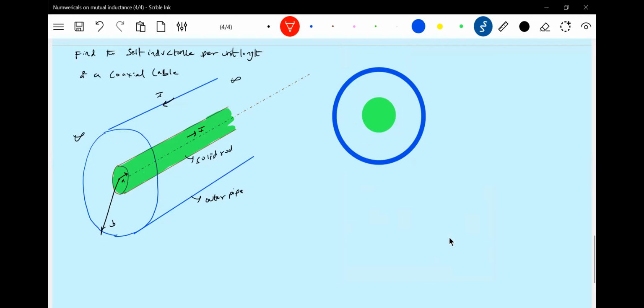There's a radius a. The current here is out of the plane. Go back to Ampere's circuital law. The current everywhere in the outer pipe is into the plane. I'll show only at one point.